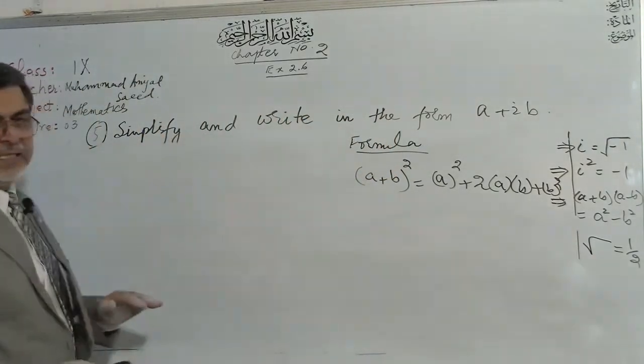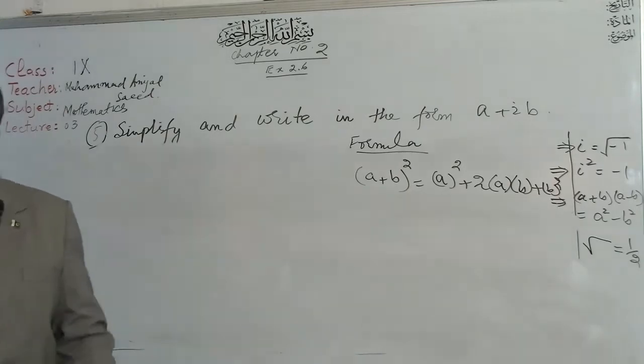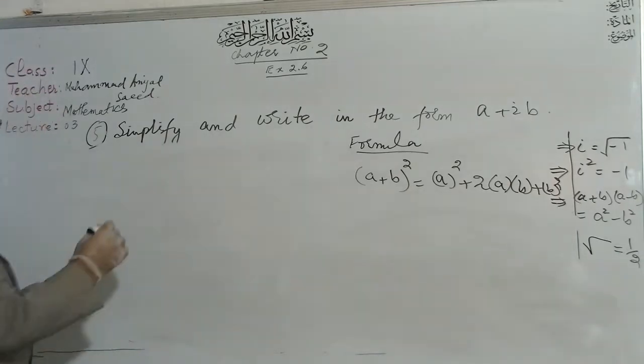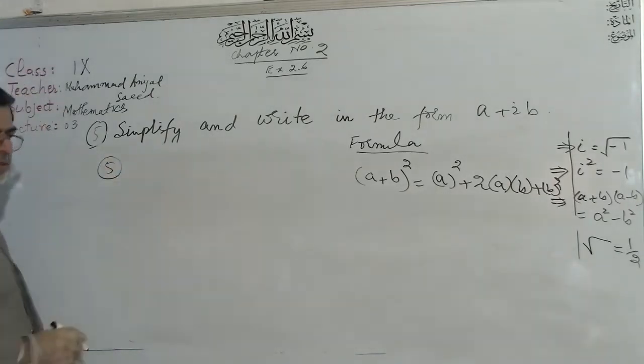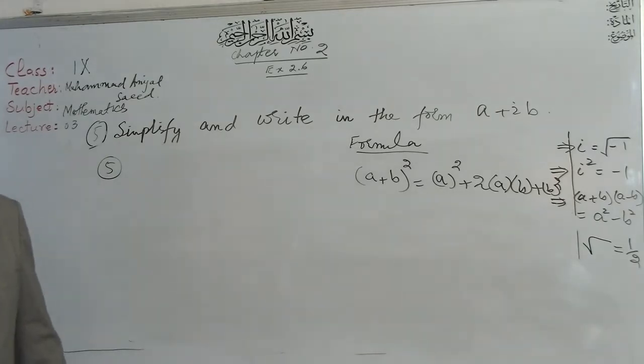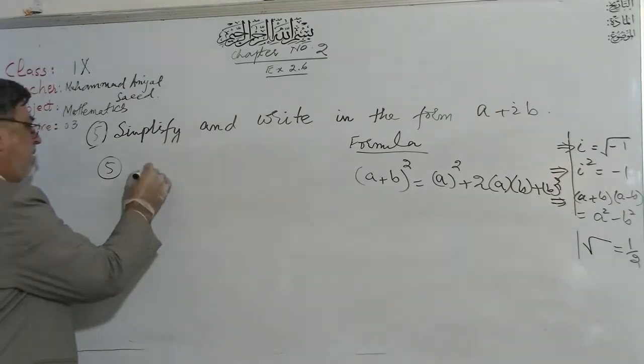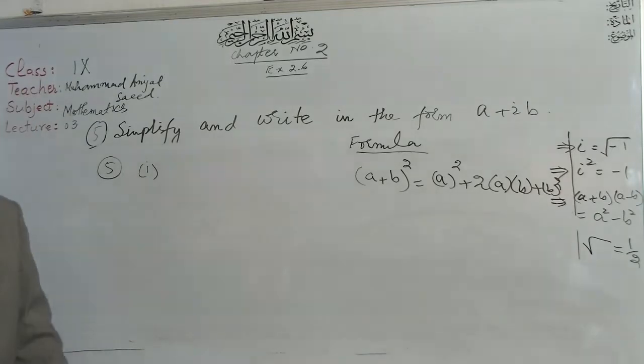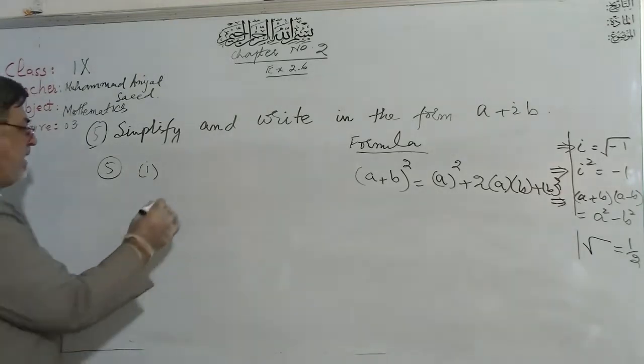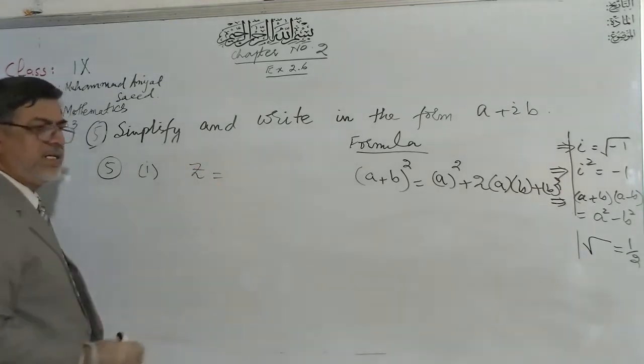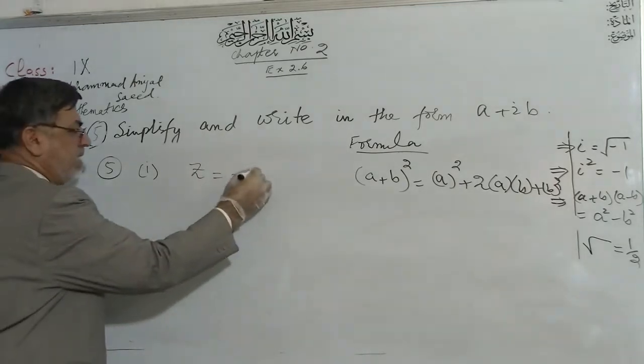There are multiple things we have to find. For example, question number 5, part number 1: complex number z is equal to minus iota.